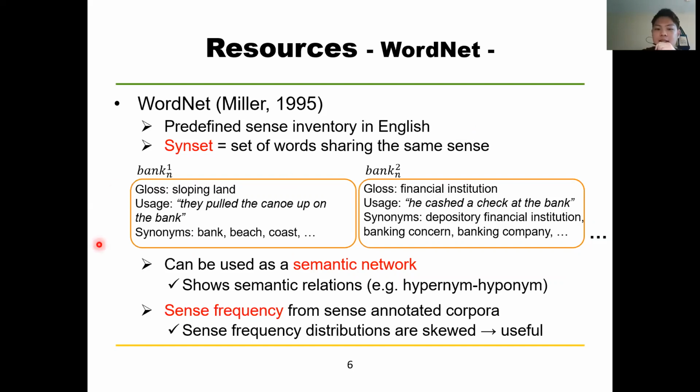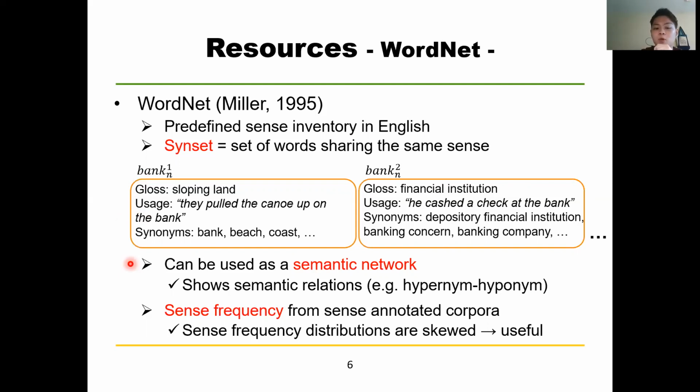As you can see here, if you search the noun bank in WordNet, you will find a list of senses, and the synset corresponding to the first sense of the noun bank looks like this. There is the gloss defining the sense for this synset, there is a usage example, and there are also synonyms which share the same sense with the word bank.